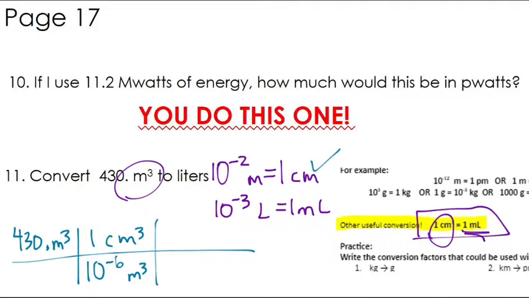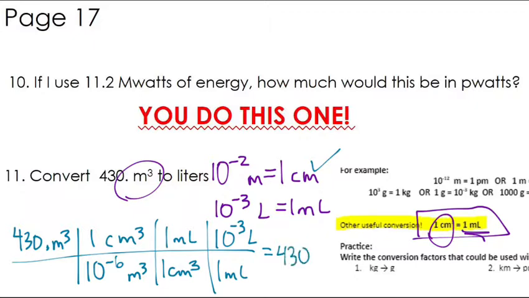And then we're going to go from centimeters cubed to milliliters like we planned. And then 1 milliliter is 10 to the negative third liters. So that gets us all the way to our answer of 430,000. Now, this is going to be kind of hard to have 3 sig figs unless we put this back into scientific notation.